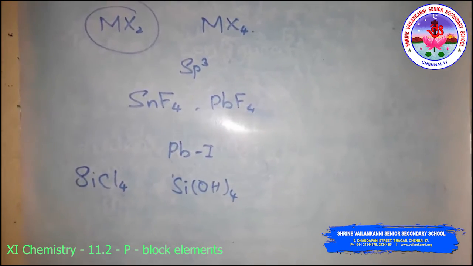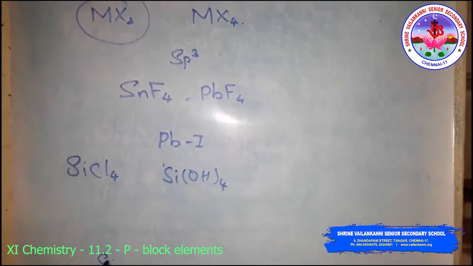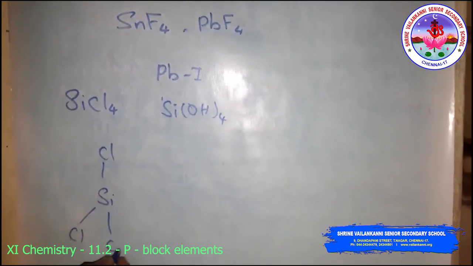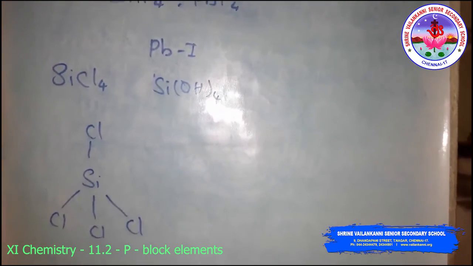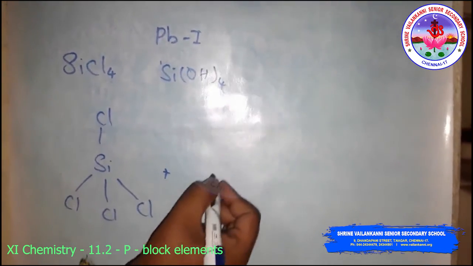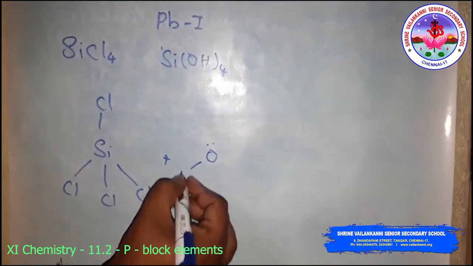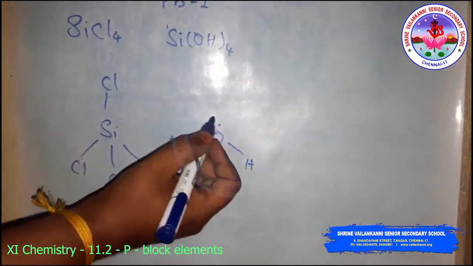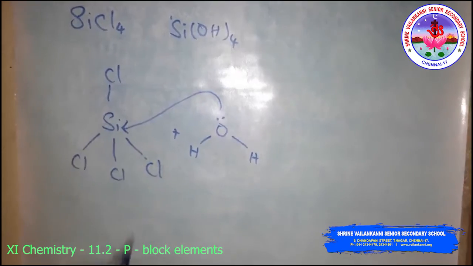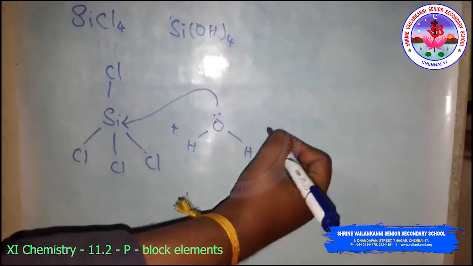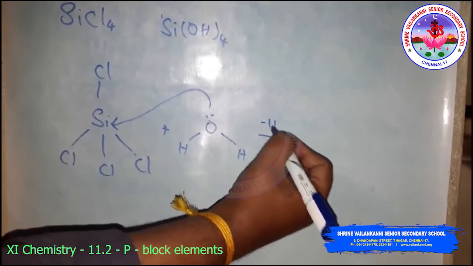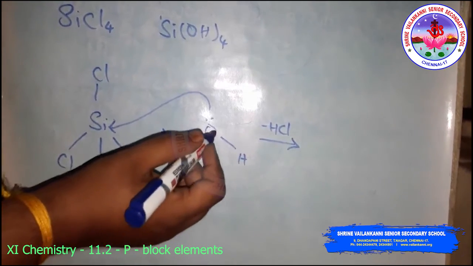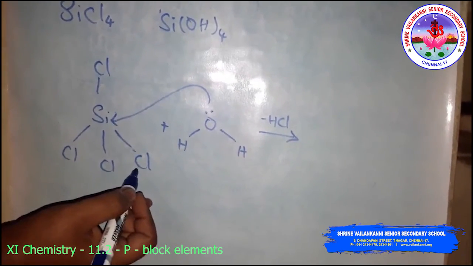We can see the reaction of silicon tetrachloride. When it reacts with water, the lone pair of electrons from oxygen goes to the silicon atom, then HCl is removed with one hydrogen, and the remaining OH group joins here.